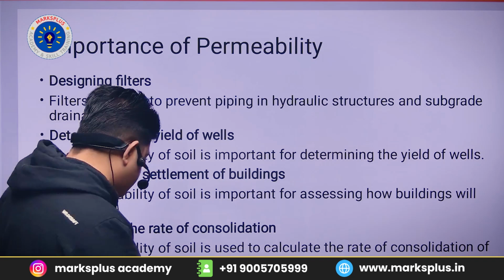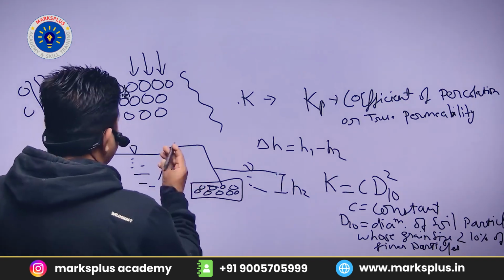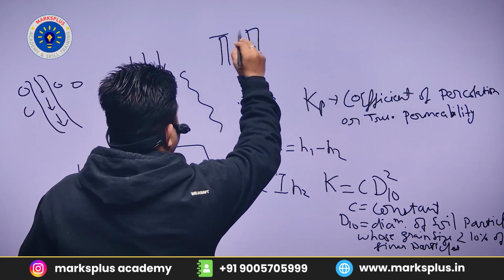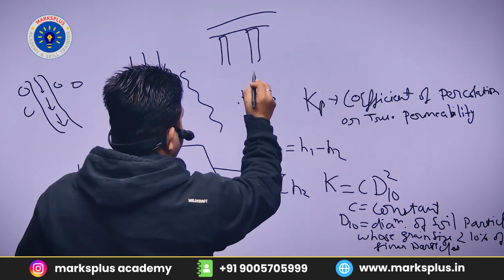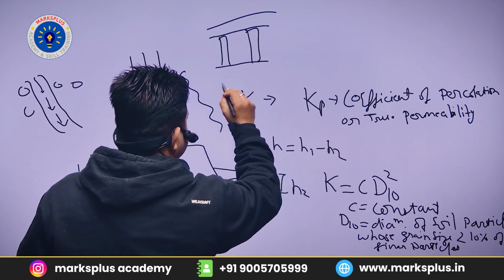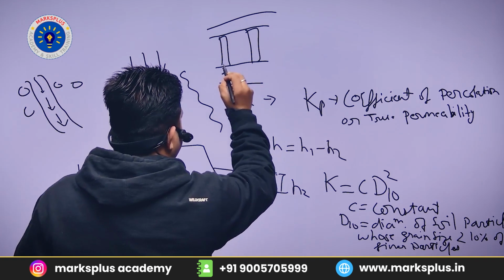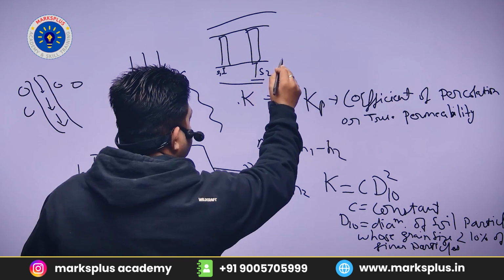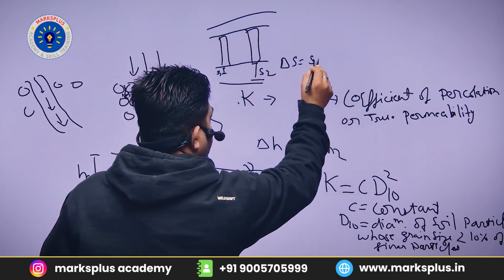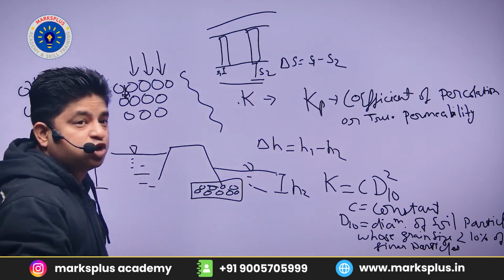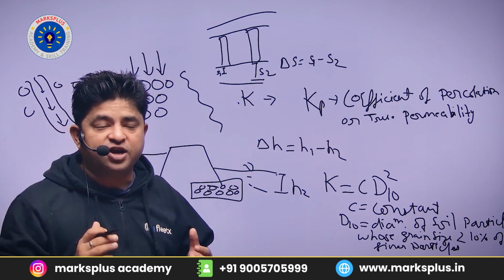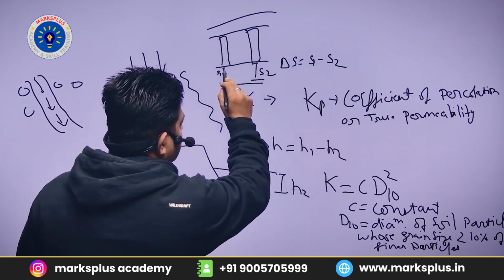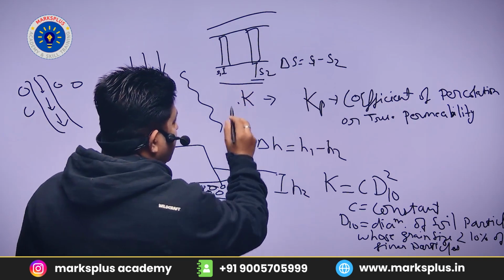For example, if we have taken two structures, say this is our hydraulic structure, this is our bridge. So if there is a soil mass, and the settlement of that particular column is S1 and the settlement of another column is S2, then the settlement difference is equal to S1 minus S2. That can also cause failure of that particular bridge, because the soil beneath the structure will get settled.